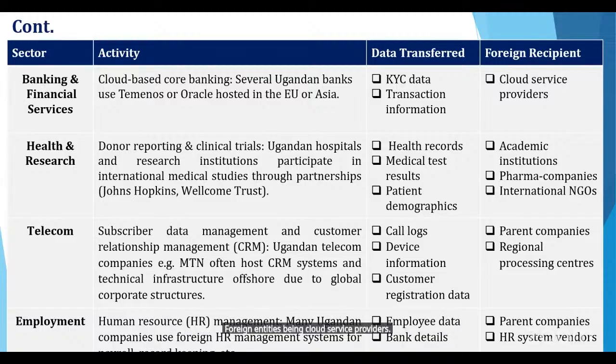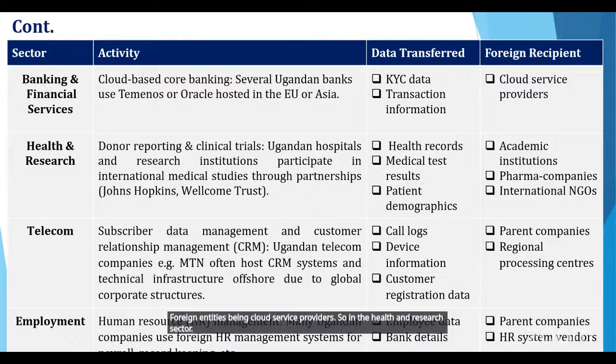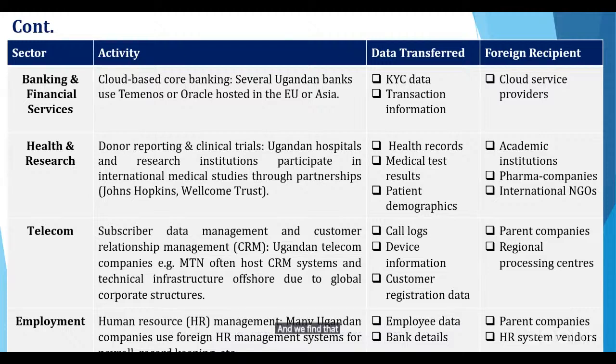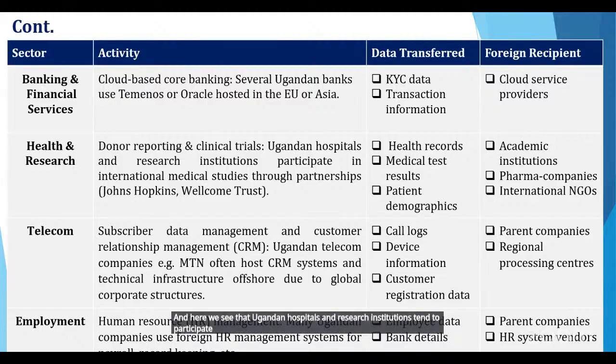So in the health and research sector, we find that donor reporting and clinical trials is a core activity. And here we see that Ugandan hospitals and research institutions tend to participate in international medical studies, and these usually occur through partnerships with renowned bodies like Johns Hopkins and Wellcome Trust.